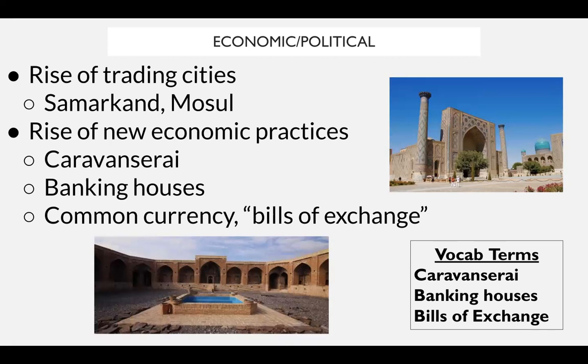These bills of exchange act as an early form of currency exchange. What is the equivalent amount of one Chinese coin to, say, a coin found in the Islamic world, in the Abbasid Caliphate? So we do see this rise of commercial practices, of trading practices like currency exchange, like these bills of exchange.